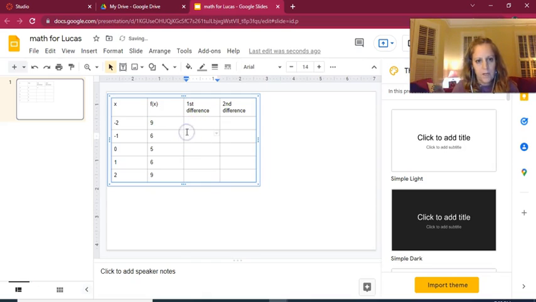The difference between 9 to 6 is -3. The difference from 6 to 5 is -1. The difference from 5 to 6 is 1, and the difference from 6 to 9 is 3. So then we need to get our second difference, and the second difference is 2, I think.